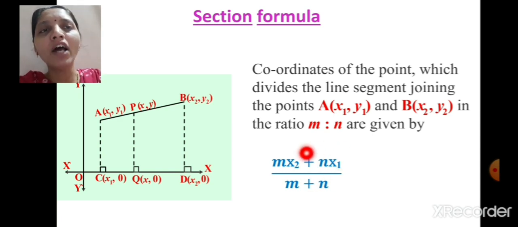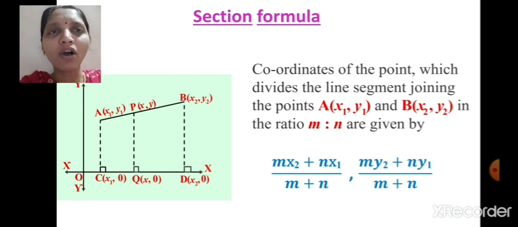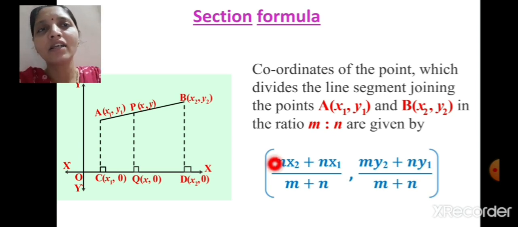With this formula you can find the x coordinate of point P, and if you want to find the y coordinate, then you will use this formula: my2 plus ny1 upon m plus n. So this is the formula to find the coordinates of the point which divides the line segment in this figure.